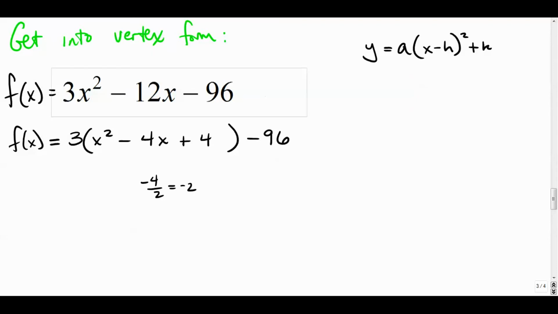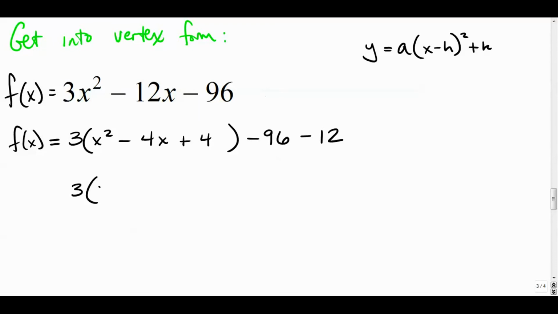This time, instead of subtracting a 4, it's technically not a 4 because there's a 3 multiplying it. So it's technically a 12. So if I want to counterbalance this 12, I have to counterbalance it with a -12.